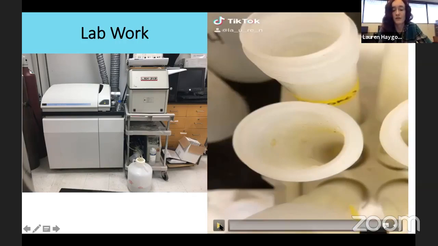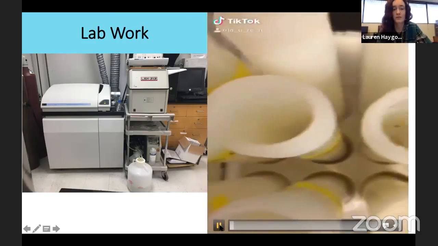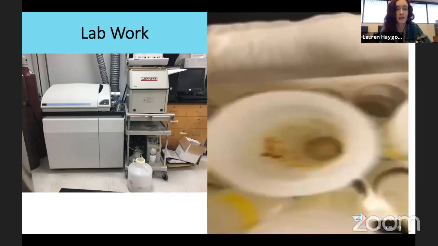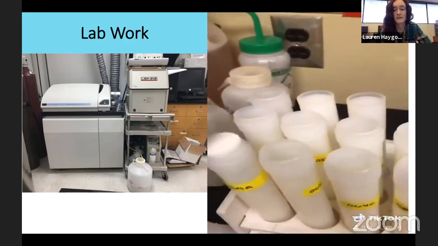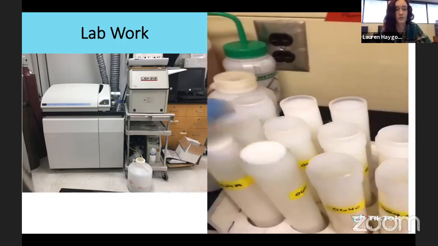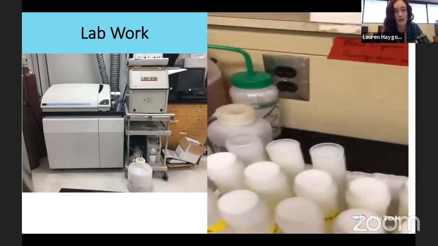And I have this short video here to kind of go through what lab work is like as far as prepping samples and doing all that. So we kind of digest our samples, and by digest, I mean we use concentrated acid, and we put them in these digestion tubes, which are made of Teflon and are safe to be put in a microwave.